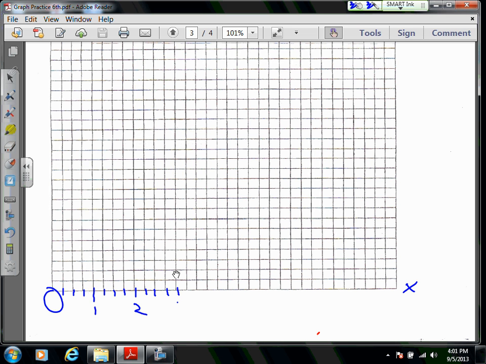And that's 3, 4, 5, 6, 7, and that's 8.0. Okay? So there would be our x-axis, except we need to label it, and we're going to label it pH of water.